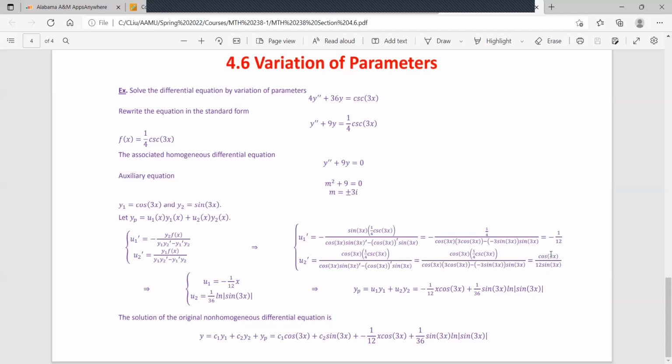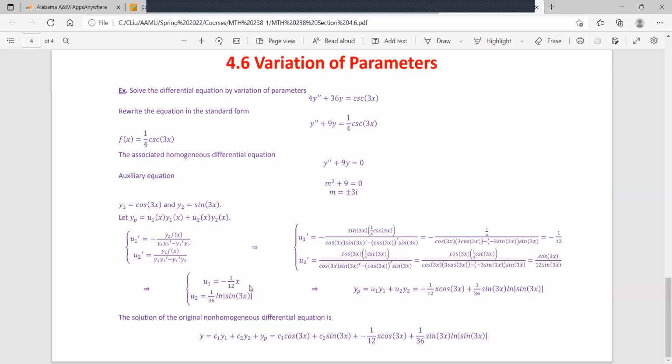Okay, and then you just integrate 1/u, but you get 1/3 on the top and 12 at the bottom, so that makes 1/36. And when you integrate du over u, you get the natural log of the absolute value of u, which is sine 3x. So again, we don't have to worry about the arbitrary constant. So these are u1 and u2.